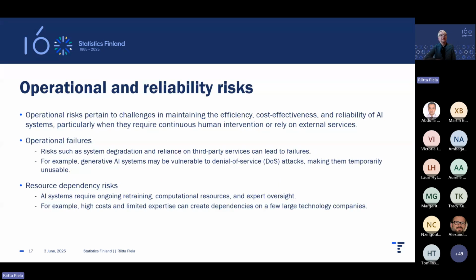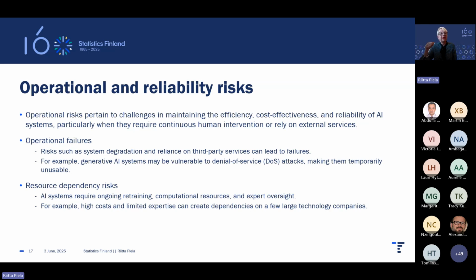And then these operational risks pertain to challenges in maintaining the efficiency, cost effectiveness and reliability of AI systems. It's about ensuring that the AI infrastructure remains controlled and predictable. These operational failures can be such failures where the system starts to degrade, and reliance on third-party services can then lead to failures.